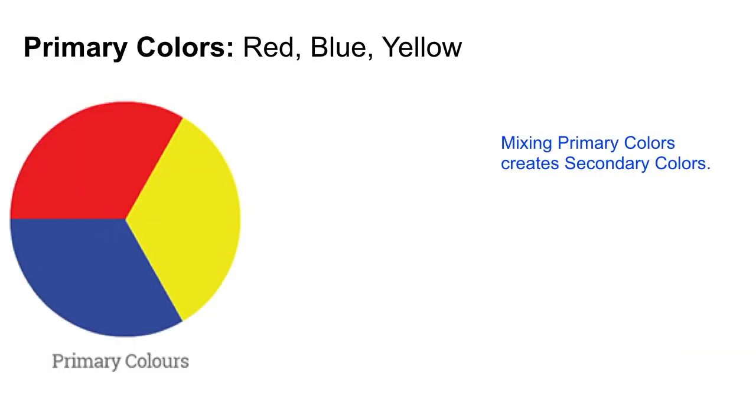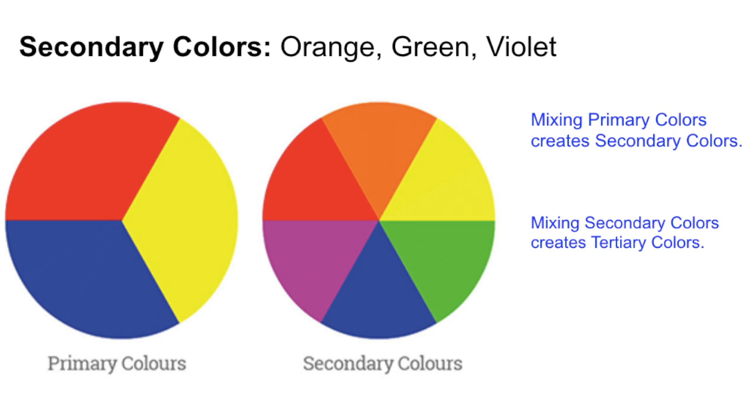So the primary colors are red, blue, and yellow, and those are the ones that you mix to create all the other colors. So mixing any of those will create the secondary colors. So primary comes first, then secondary. Secondary colors are orange, green, and violet. And mixing the secondary colors is how you get your tertiary colors. So that color wheel there with the secondary colors, this is kind of the most basic color wheel.